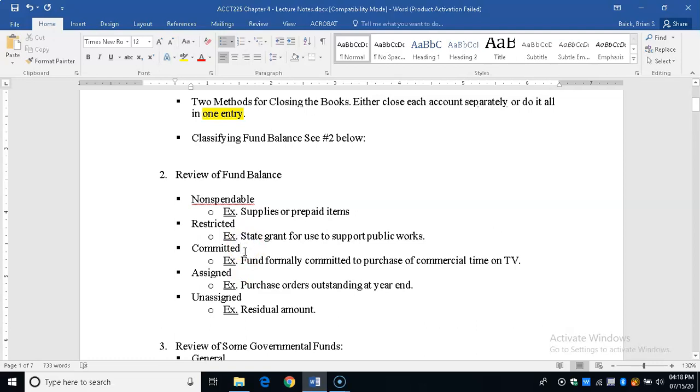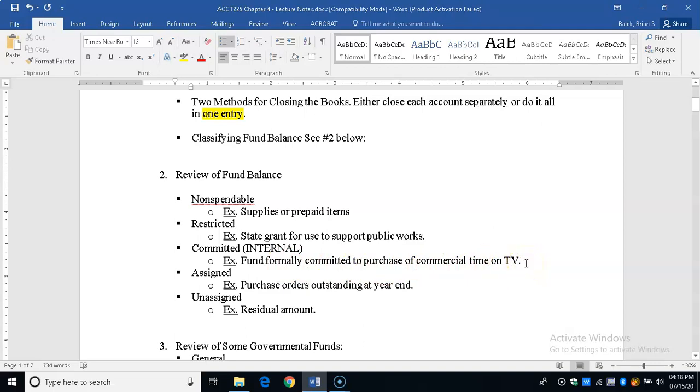Committed is internal. Committed is when somebody on the inside says that money is going to be spent for a certain purpose. For example, a school might have a board of directors or a board of regents or a board of trustees, and they commit to spending money for a certain purpose. Here the example is a fund formally committed to purchase commercial time on television.